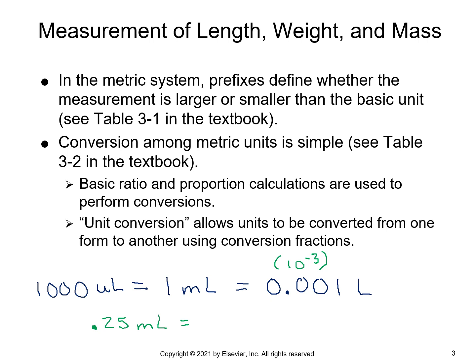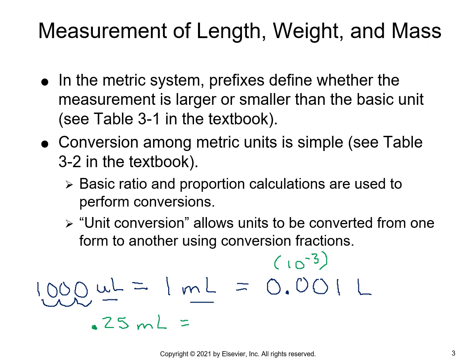In the laboratory, we use microliters and milliliters a lot. If we have 1,000 microliters and we move the decimal 3 places, 1, 2, 3, that gives us 1 mL. If we keep moving the decimal 3 more places, that makes it 0.001 liters.